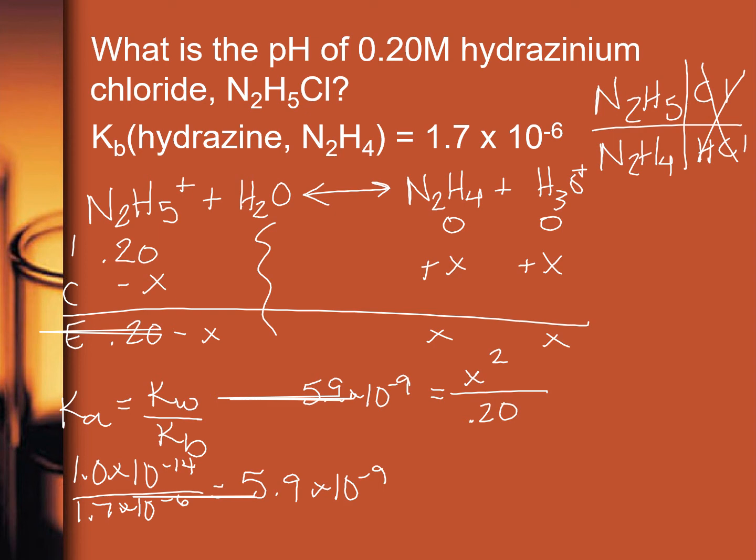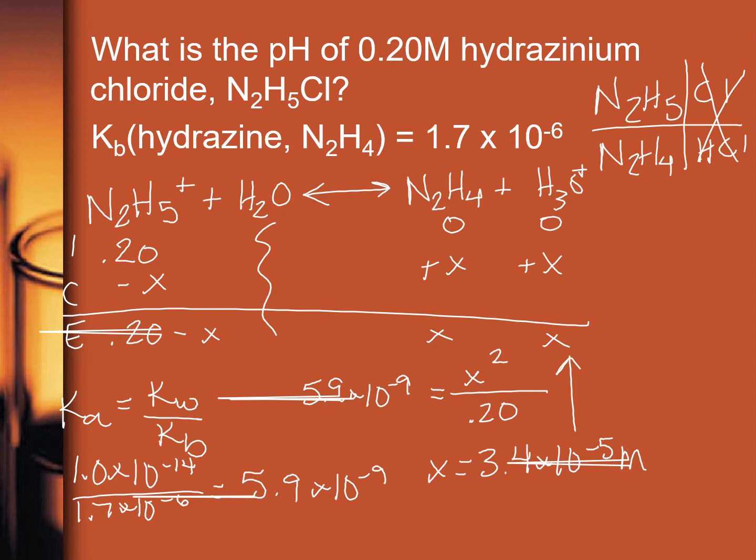So we need to multiply by 0.20 and then take the square root of both sides to find an x that is equal to 3.4 times 10 to the negative 5th molar. Now, this is equal to our hydronium concentration, which is equal to the hydrogen ion concentration.